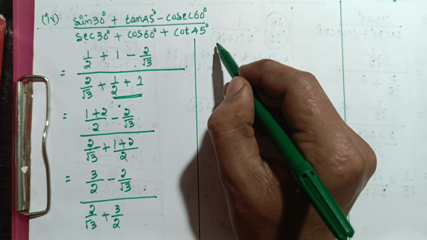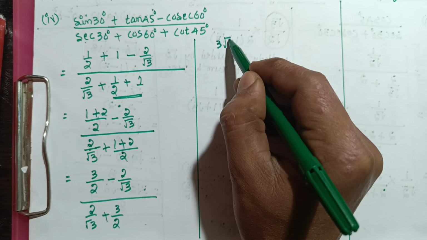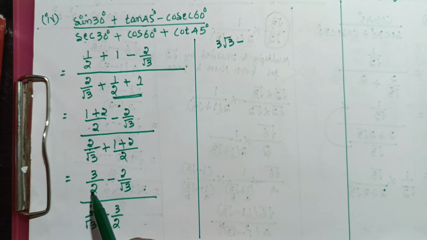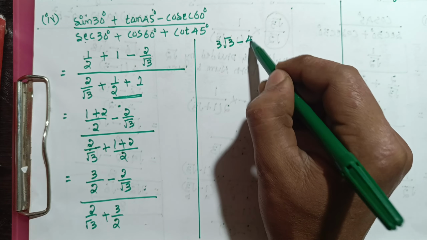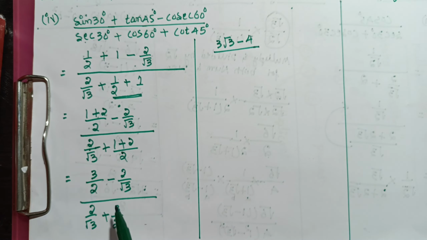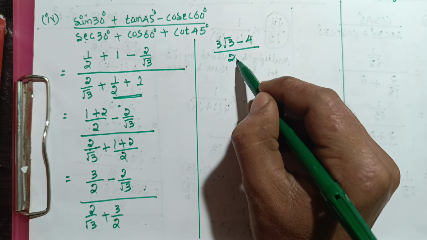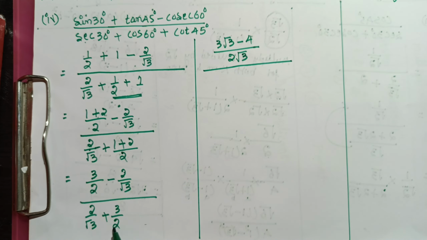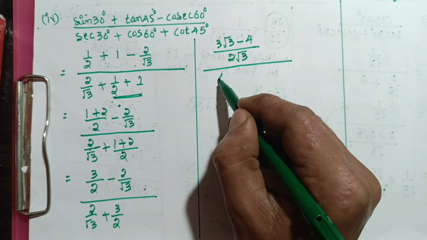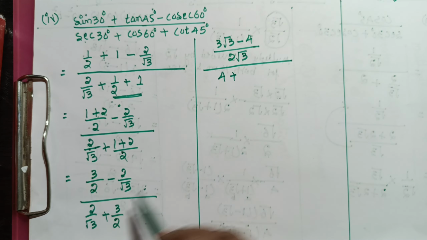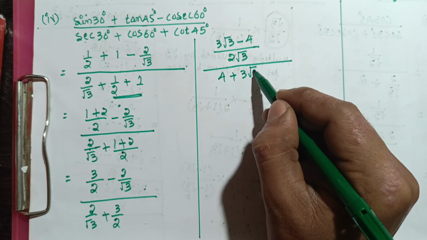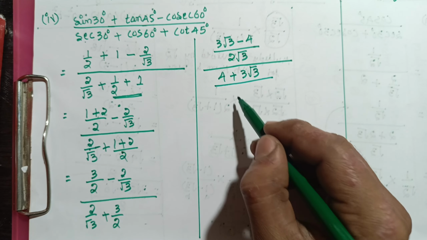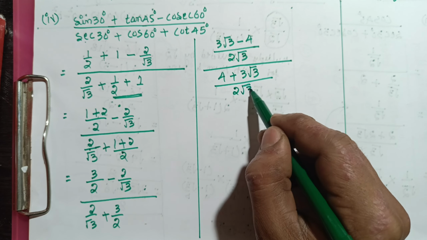3 into root 3, 3 into root 3 minus 2 into 2 is 4 divided by 2 root 3, 2 root 3 again, whole divided by, here also I will take the LCM or cross multiply. 2 into 2 is 4 plus 3 root 3 divided by 2 root 3.